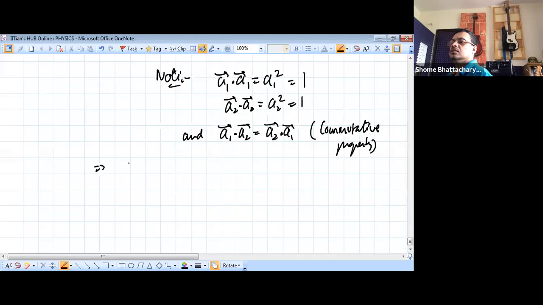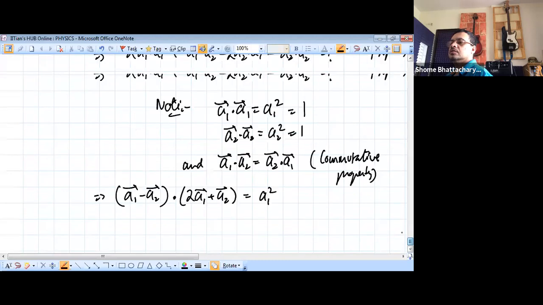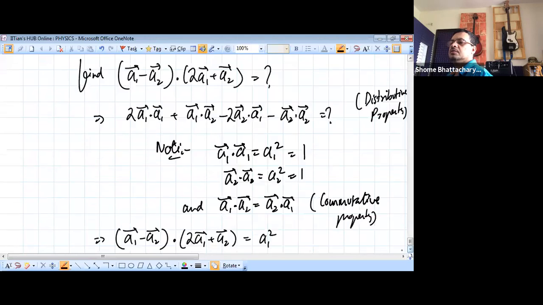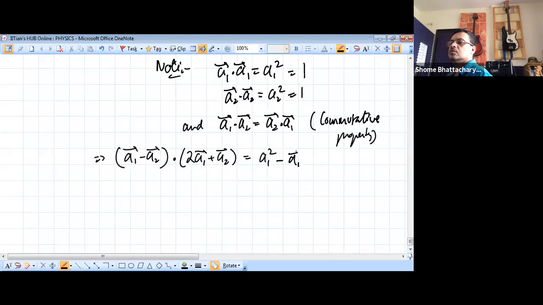So that thing, E1 minus E2 dot product with 2E1 plus E2. E1 square, I mean E1 dot E2, minus E2 square.